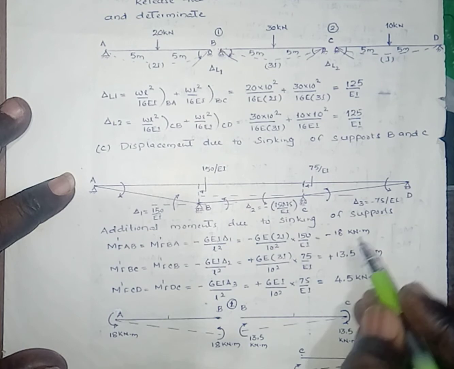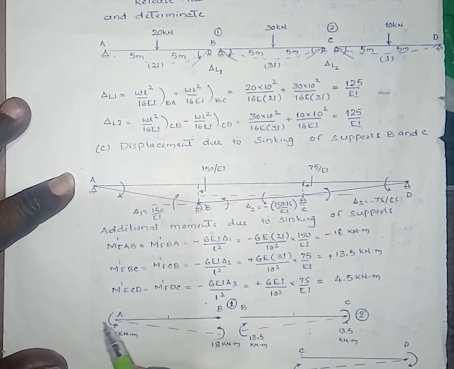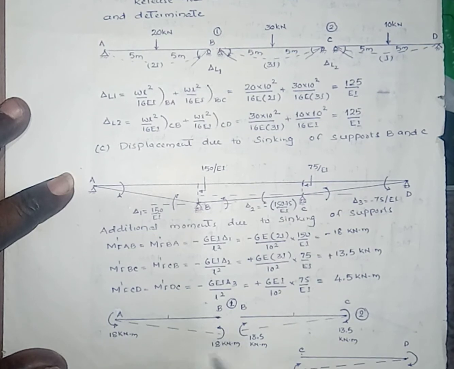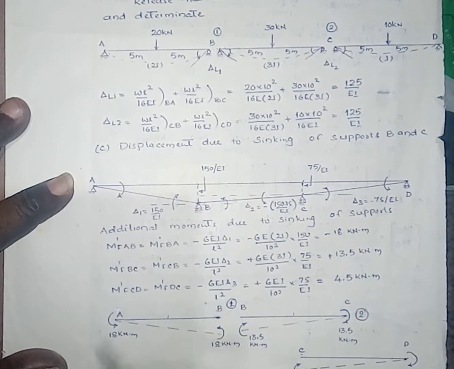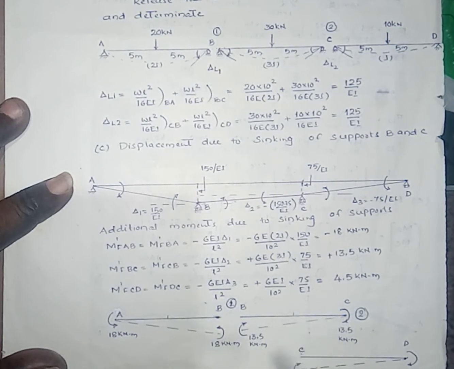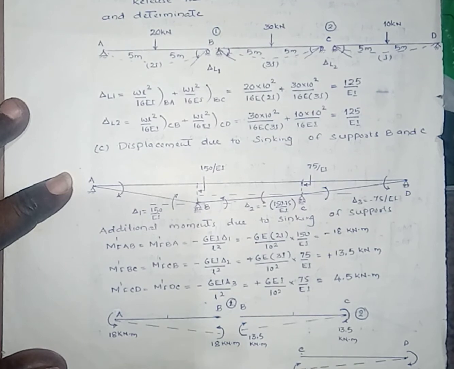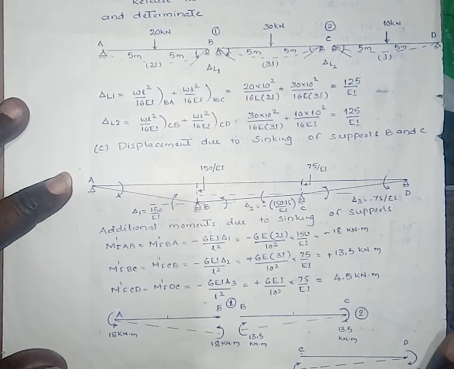This one is anti-clockwise, then this one is also anti-clockwise, that is minus 18 kilonewton meter, in span AB, that is 18 kilonewton meter at both the ends, anti-clockwise. Then in span BC, there is a clockwise moment of 13.5 kilonewton meter. In span CD, there is a clockwise moment of 4.5 kilonewton meter.